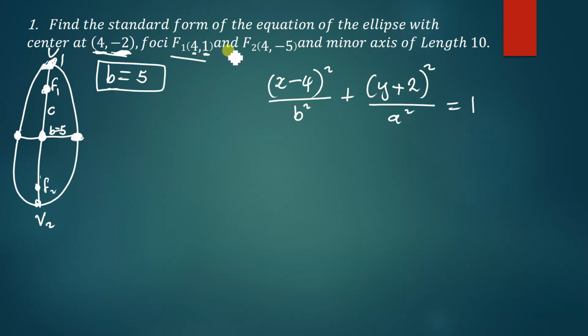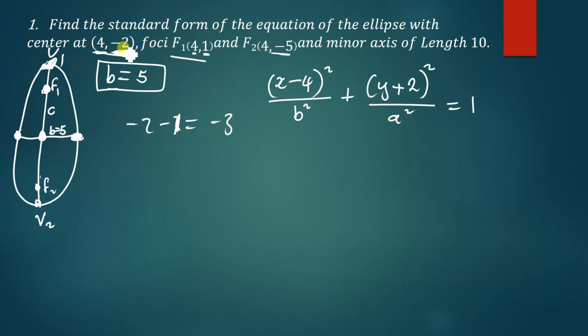Or if you want, you can subtract -2 minus -5. You say the center minus one of the foci. Here, if you say -2 minus 1, the answer will be -3.